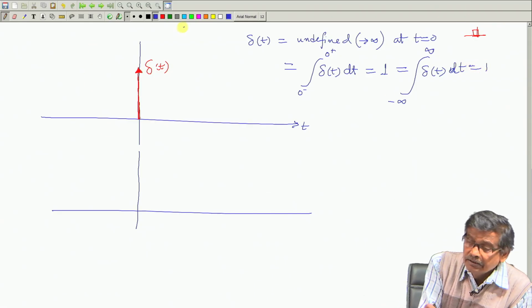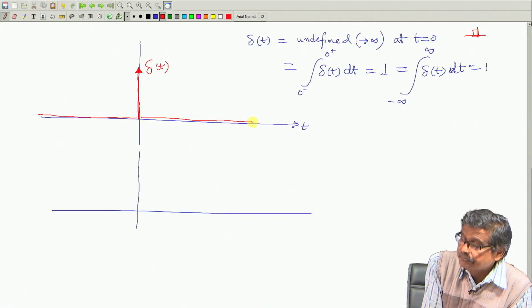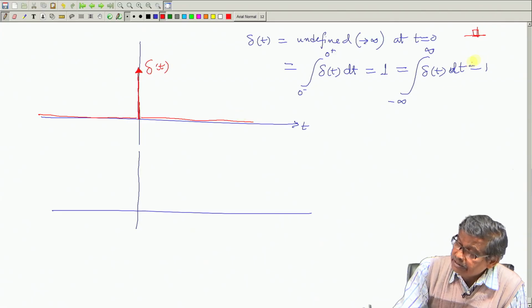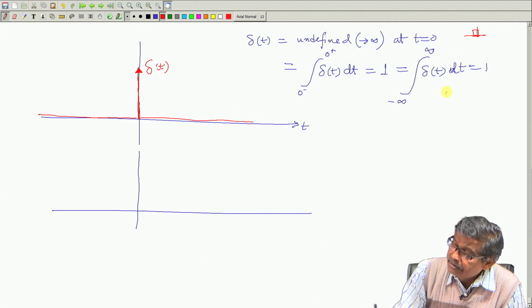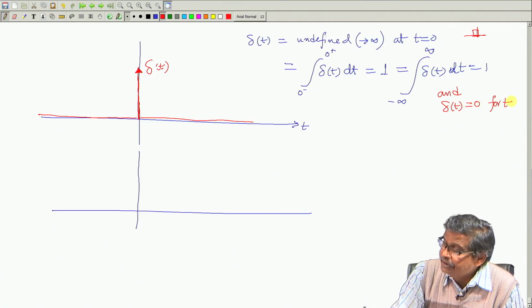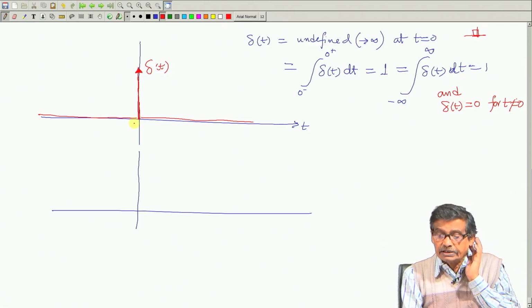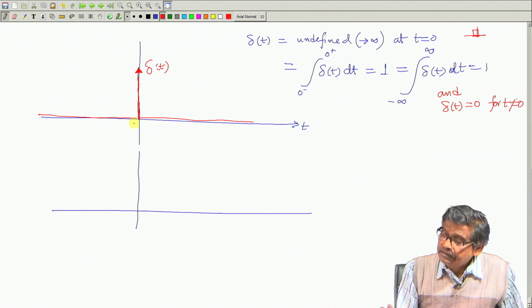Why? Because up to 0 minus, elsewhere the function is 0. So, this is 1 and delta(t) is equal to 0 for t not equal to 0. Other than t equal to 0, the function is 0. Very simple function otherwise, everywhere 0.